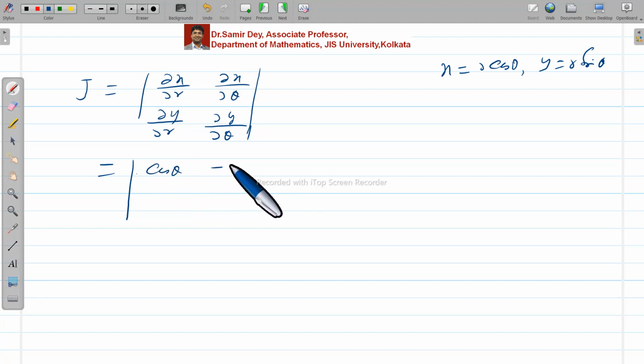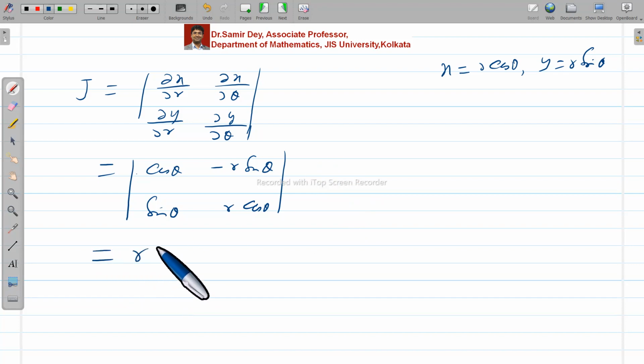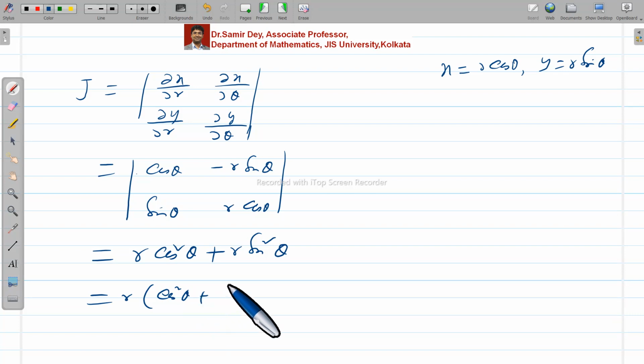Here you may write minus r sin theta, and from here it is sin theta, and here it is coming r cos theta. I think it is clear to all of you. If you simplify, it is coming r cos square theta plus r sin square theta. So ultimately it is r times cos square theta plus sin square theta, is equals to r. So here j is equals to r. Clear?